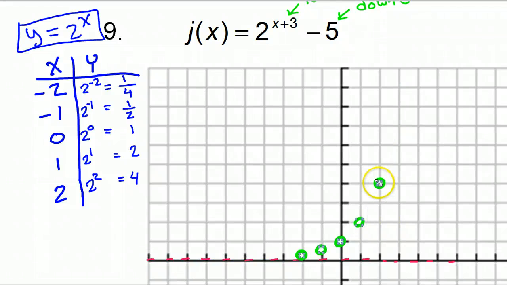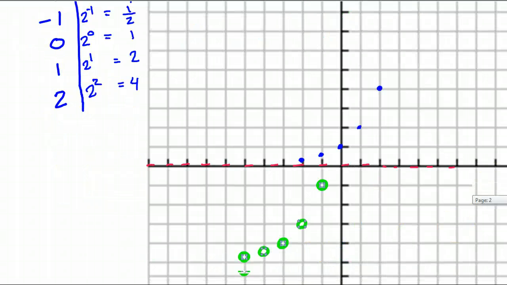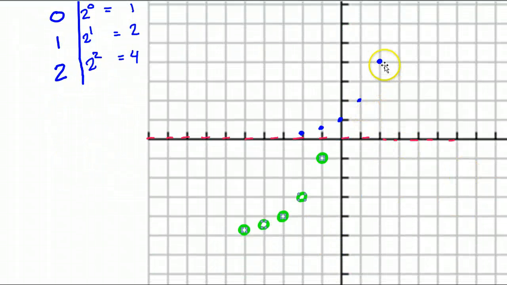Alright, so here we go. Left 3 and down 5. So 1, 2, 3. That's left 3. And 1, 2, 3, 4, 5. That is down 5. Okay, so there you go. Left 3, down 5 puts the graph here.